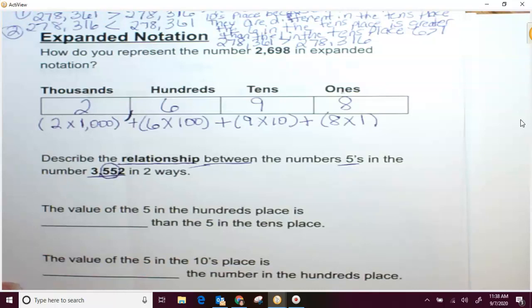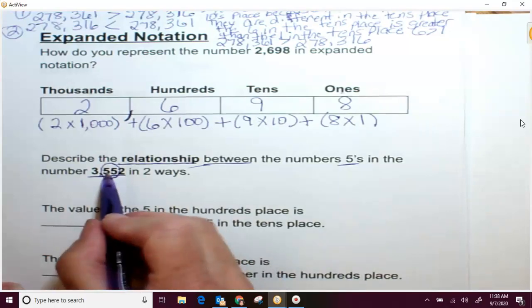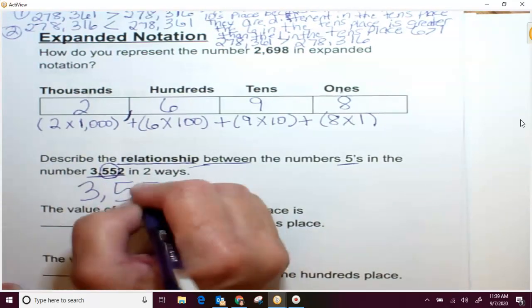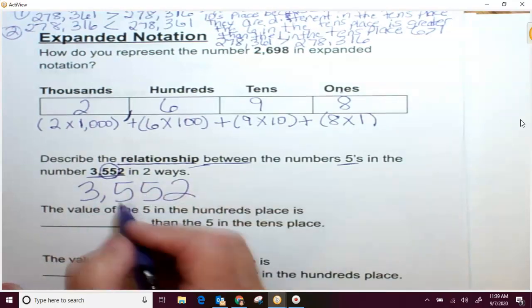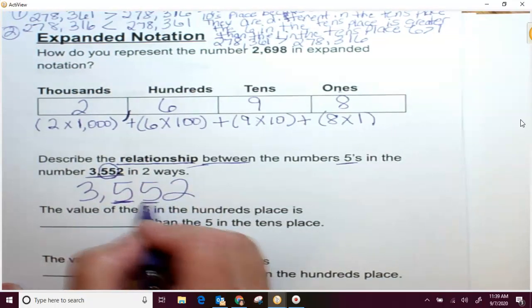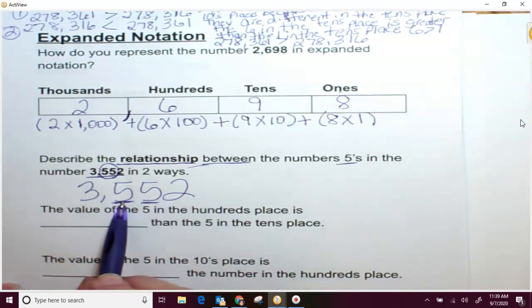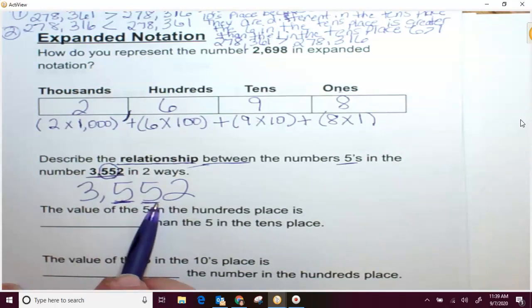Okay, so one way you can do it is that the value of the fives, I'm going to make this bigger. Shoot. So I'm describing the relationship. So the 5 in the hundreds column is what to the tens column?